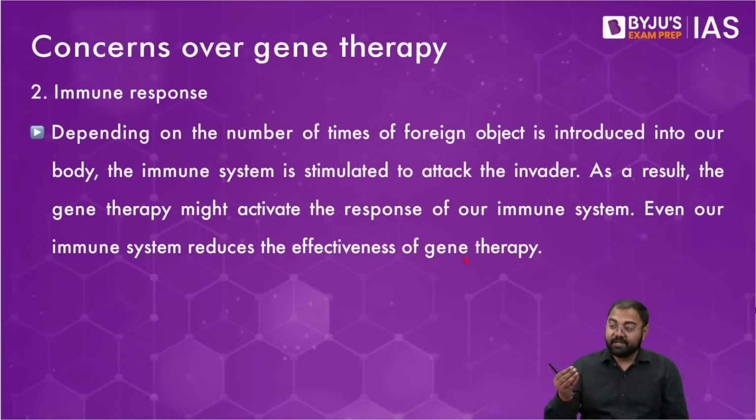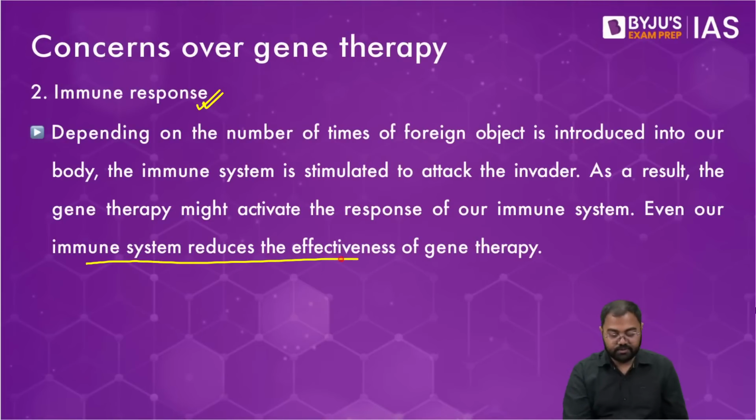So many a times when a new gene is being introduced into the body, perhaps the immune system itself will work against it and destroy that new gene. It might see it as an invader and simply attack it and destroy it. So sometimes even the immune system can reduce the effectiveness of gene therapy.